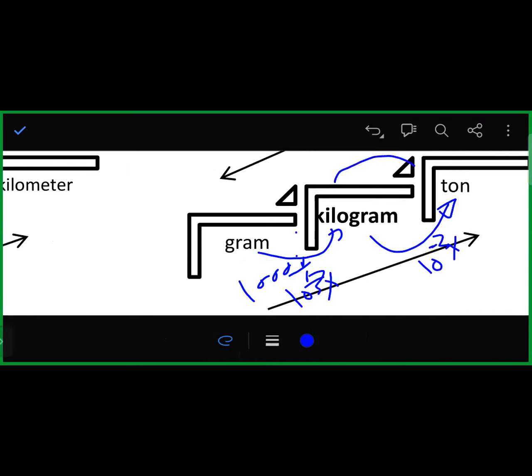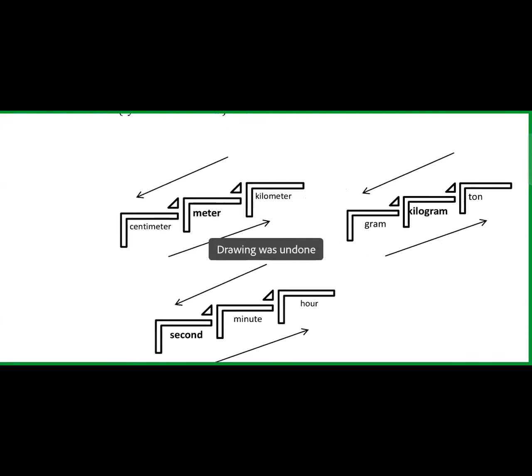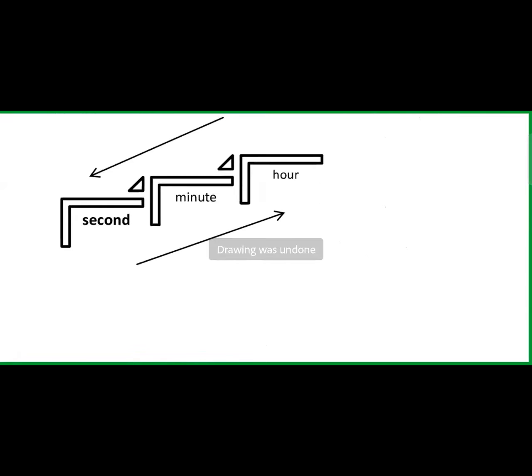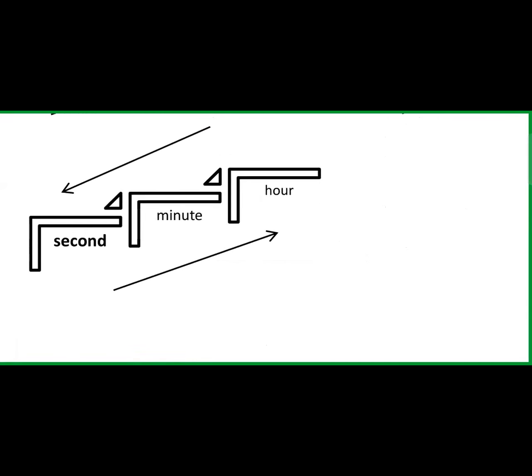In the reverse process, we reverse the mathematical operation: times 10 power 3. Second, minute, hour: 60, 60, 60.